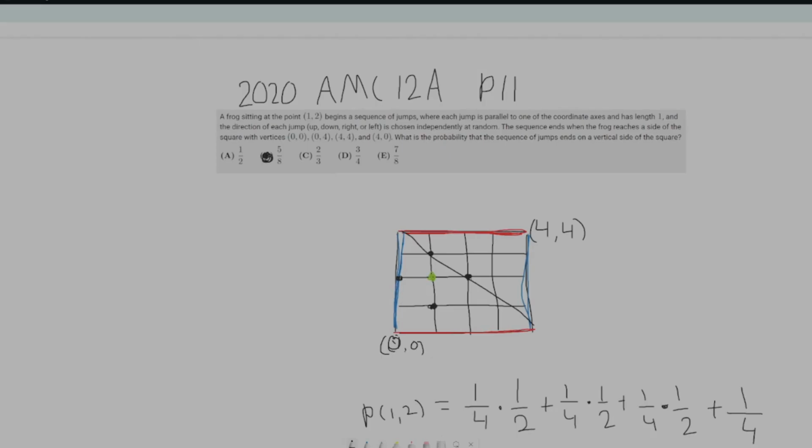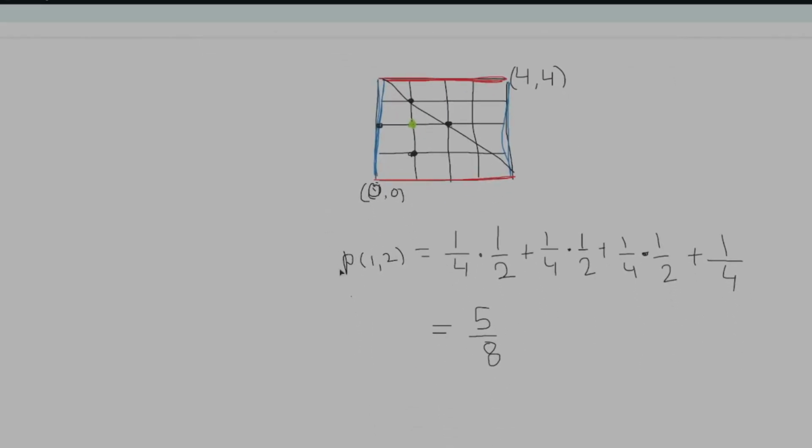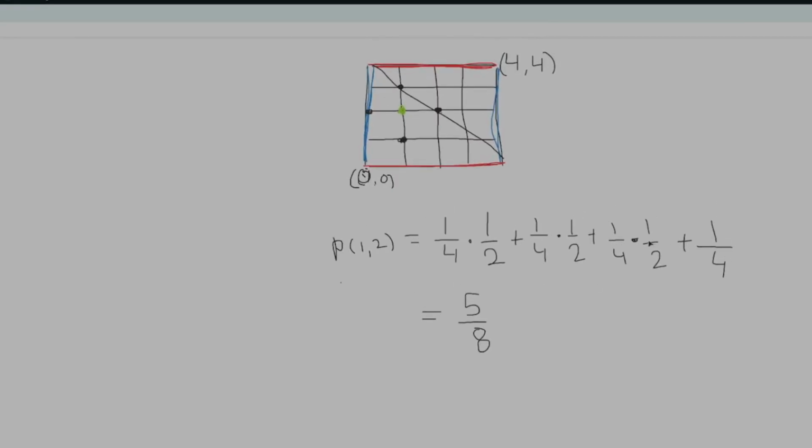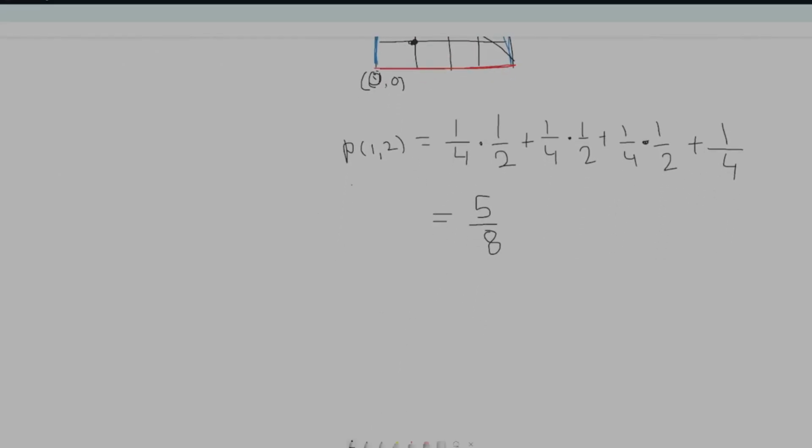Okay, how can we generalize this? Well, we can see from this question, we can just factor out 1/4 from the probability. So let's try doing that and see if it's revealing of anything. Sorry if my voice sounds kind of bad today.